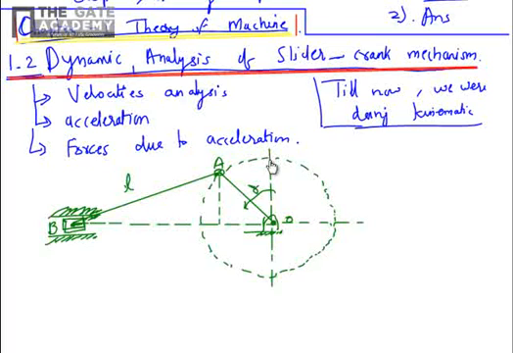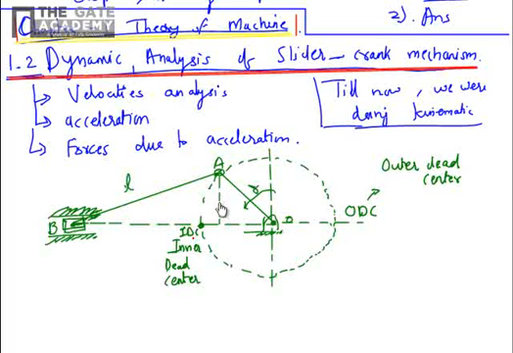The point when the joint is farthest from the piston assembly is known as outer dead center. And the point when it is closest to the piston assembly is known as inner dead center, IDC.